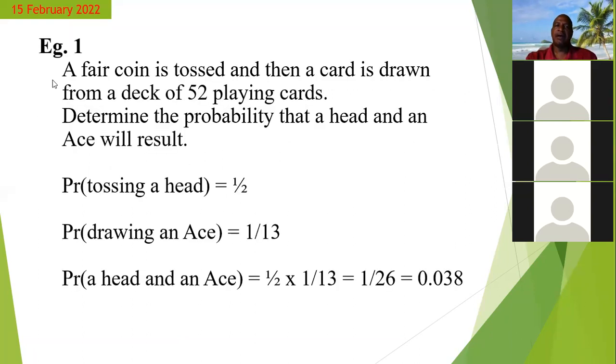Here we have a fair coin is tossed and then a card is drawn from a 52-card deck of playing cards. Now my question, would this be an independent event or a dependent event? Do we have an independent event or a dependent event, guys?